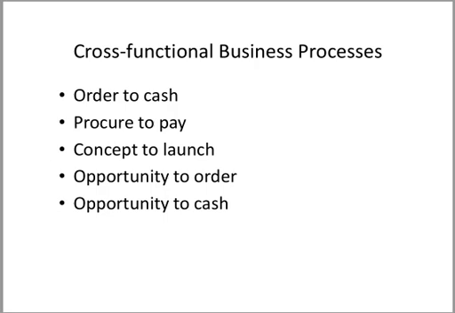Then there is another business process like procure to pay. So procure to pay will start with some request coming from the operations perhaps, to buy something, or it could come from other departments like HR may ask to buy some stationery, right? Then the purchase department has to go out and look for the vendors, put out a request for quotations, receive the quotations, evaluate the quotations, find the right quotation, and give an order to the vendor.